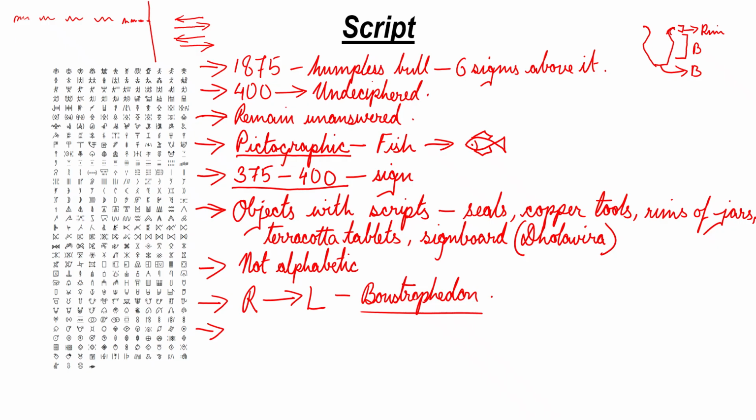So from this density we come to understand whether it was written from right to left or left to right. From the evidence of writing we come to know that people were literate enough.